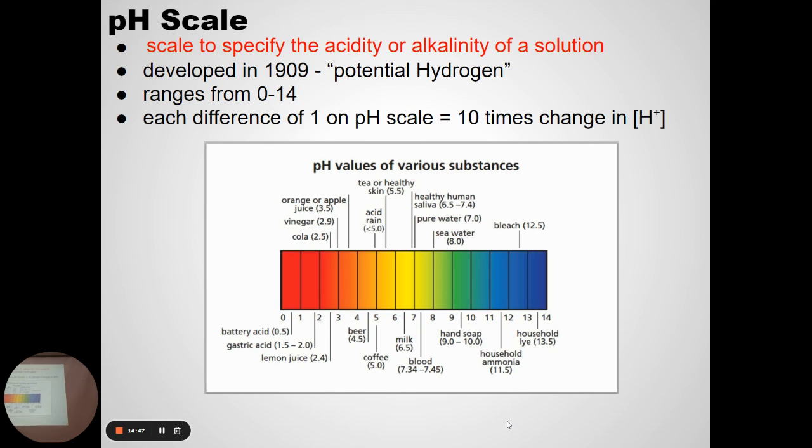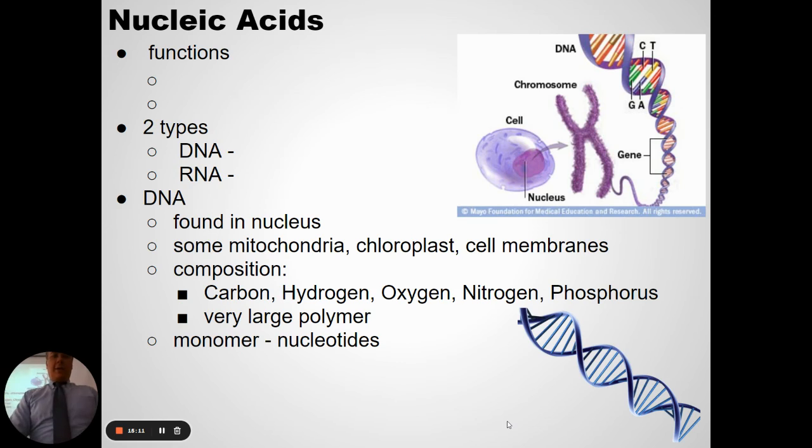That's how acidic it is. At the other end, things that are basic, things like cleaners, soaps, bleach, seawater, for example. They're called basic. And so, like we said, different enzymes work best at different places on this pH scale.